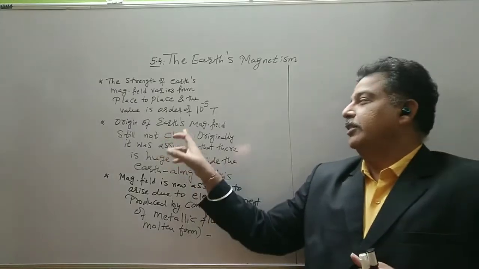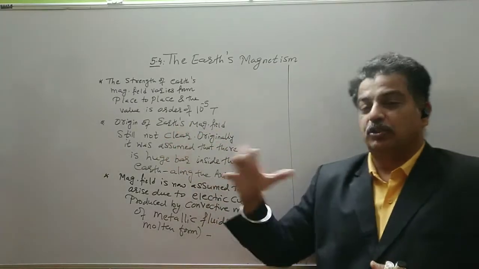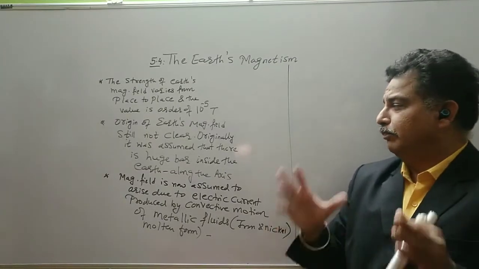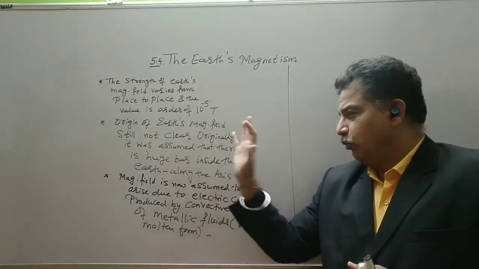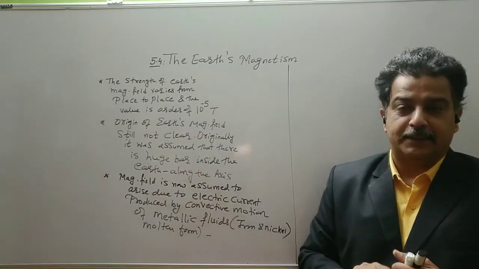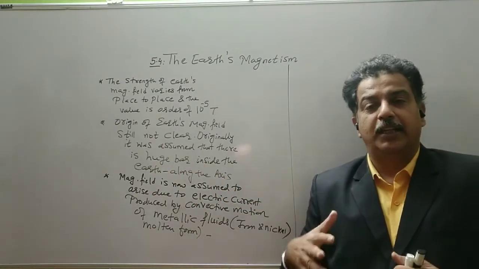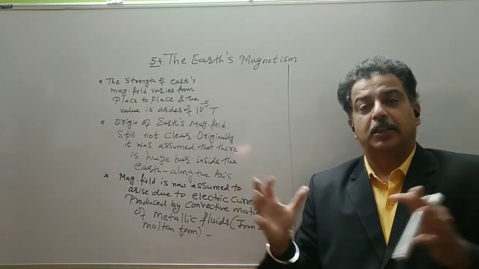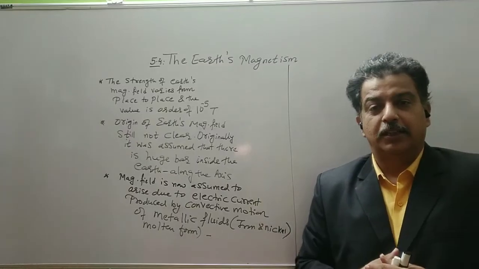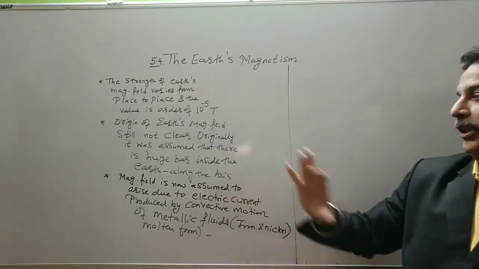The origin of the earth's magnetic field is still not clear. Research is still going on, and we don't have a clear picture. But originally it was assumed that there is a huge bar magnet inside the earth along its axis.